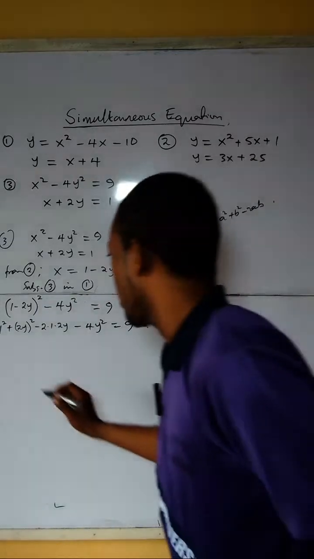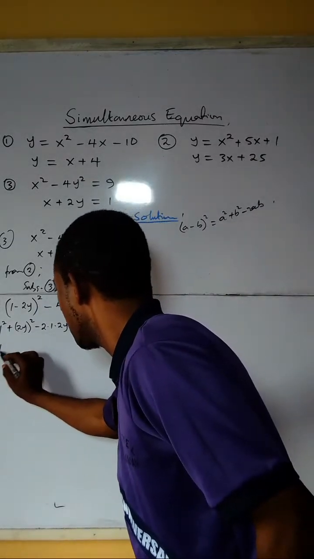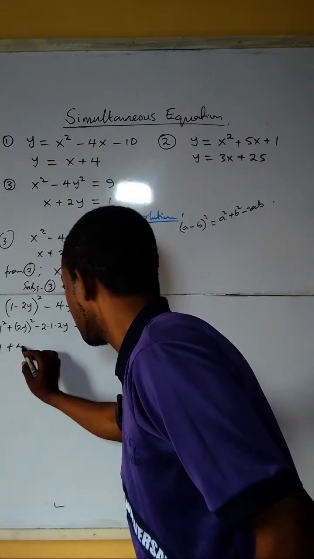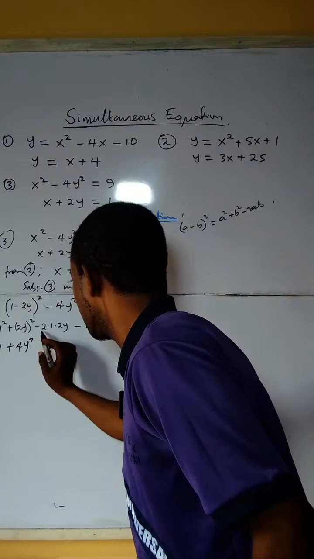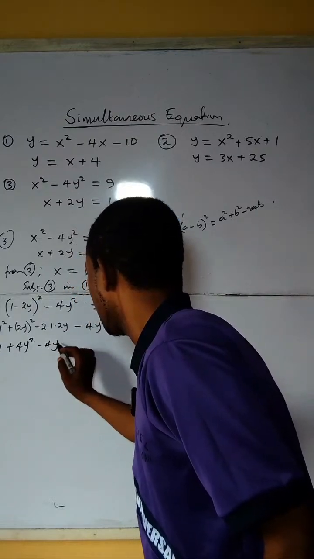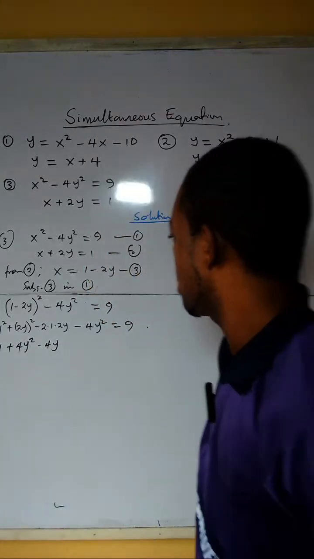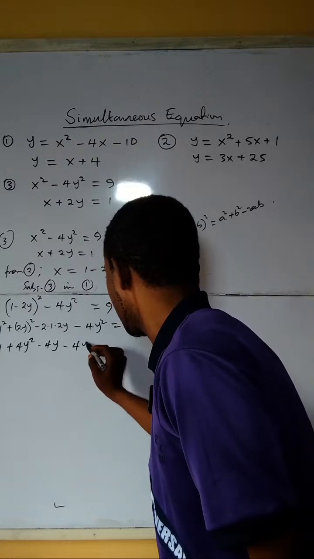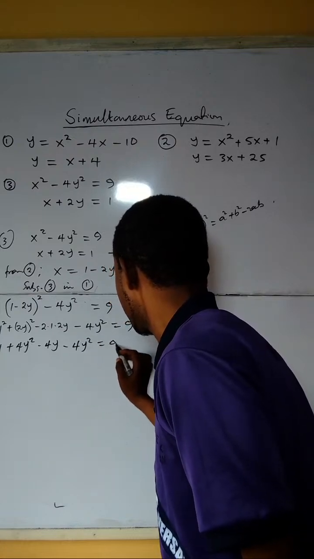That is, 1 squared is still 1, then plus 2y squared, and 2 squared is 4, that's 4y squared, then minus 2 times 1 times 2y, that's minus 4y, then minus 4y squared, which equals 9.